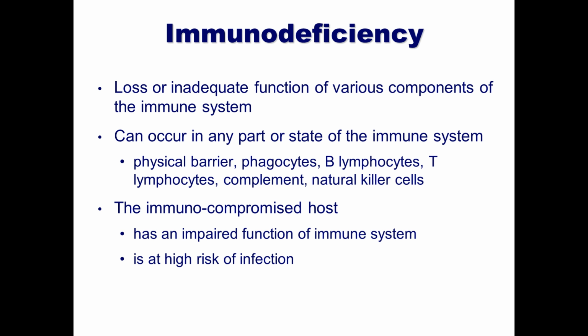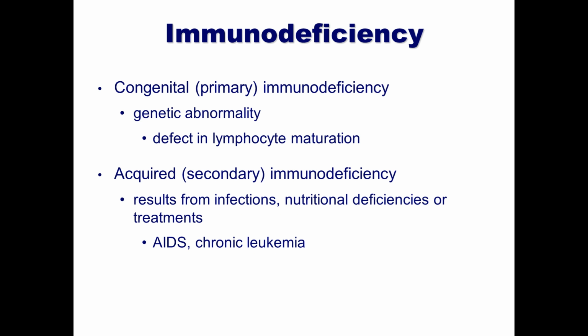The immunocompromised host has an impaired function of the immune system and is at high risk of infection. Congenital is a primary immunodeficiency, and acquired is a secondary immunodeficiency, like AIDS and chronic leukemia. Clear?